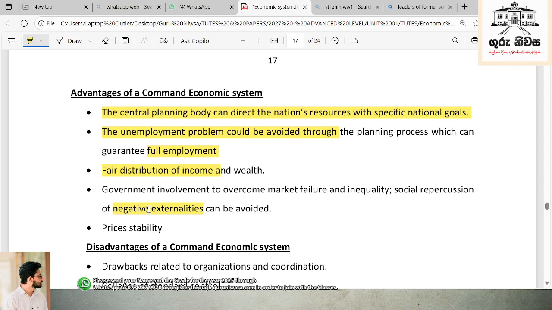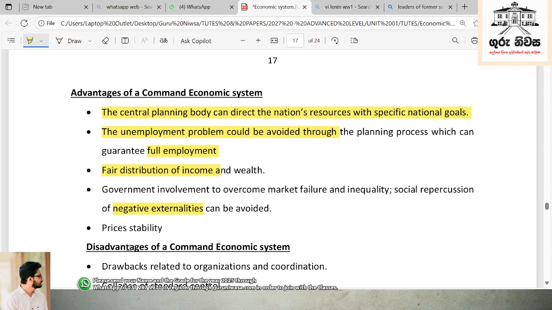What else? Air pollution. These negative externalities can be avoided. But when it comes to the market economic system, negative externalities are a common problem.